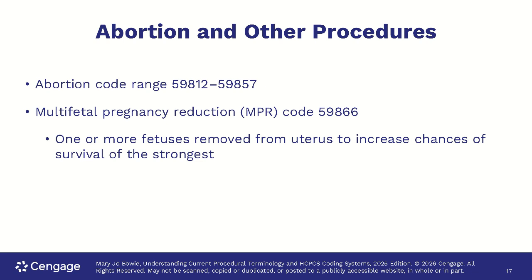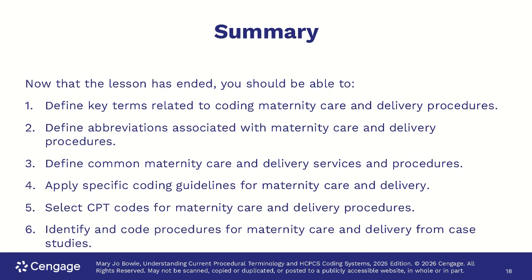And there are different types of abortion. You have a missed abortion, an incomplete abortion, a legally induced abortion, a septic abortion, and a spontaneous abortion, which is also known as a miscarriage. So it's very important for you to understand exactly what the patient had.